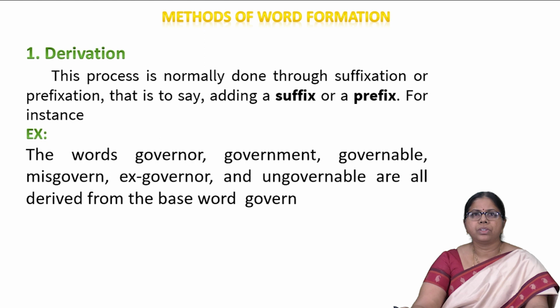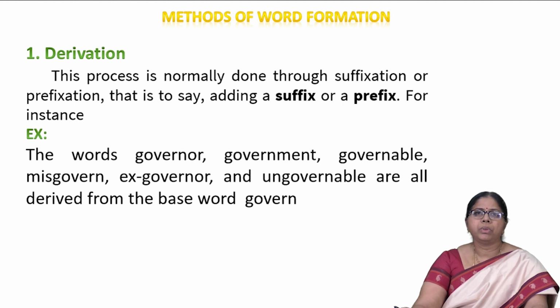Here we can see an example. From the word govern, we have derived many words like governor, government, governable, misgovern, ex-govern, and ungovernable, all derived from the base word govern.